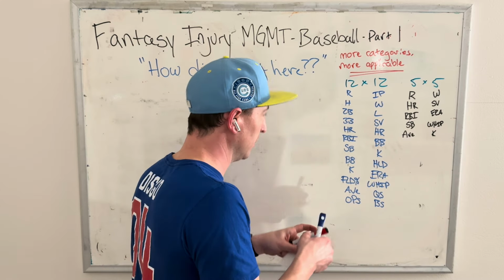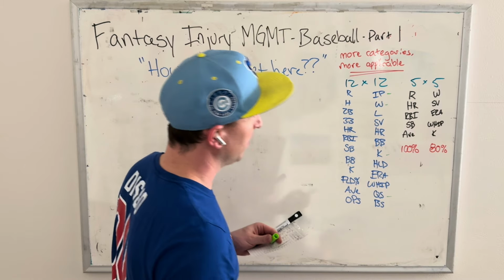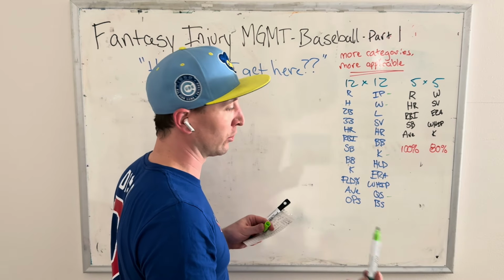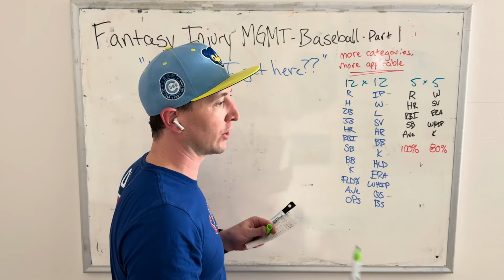Starting pitchers contribute to 1, 2, 3, 4 categories, right? Because there was no limit to the starts you can make. There was only a transaction limit for the week. So you could just stream pitchers to try to win these categories.